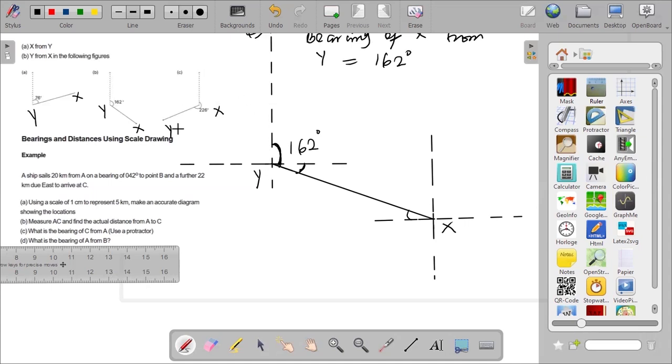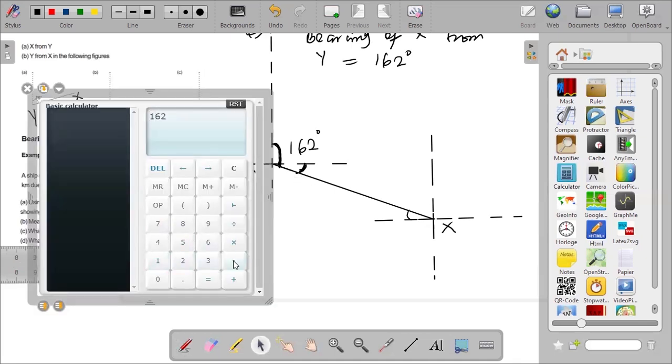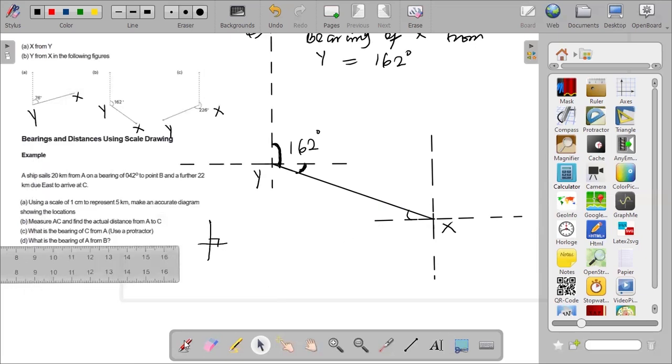So to get this smaller angle here, you just need to subtract 90 from 162, since from here down to this line is 162. So this small one will be 162 minus 90, which is 72. So this angle here is 72 degrees.